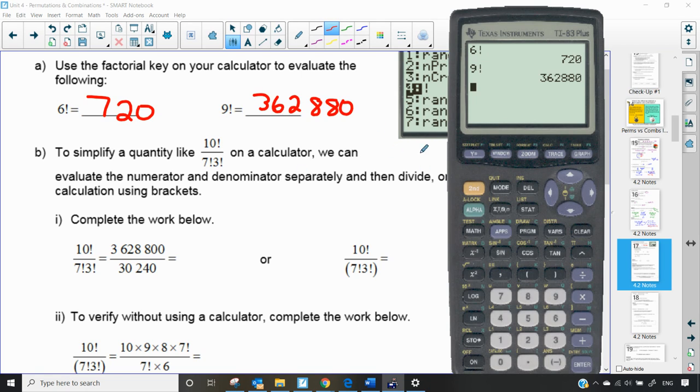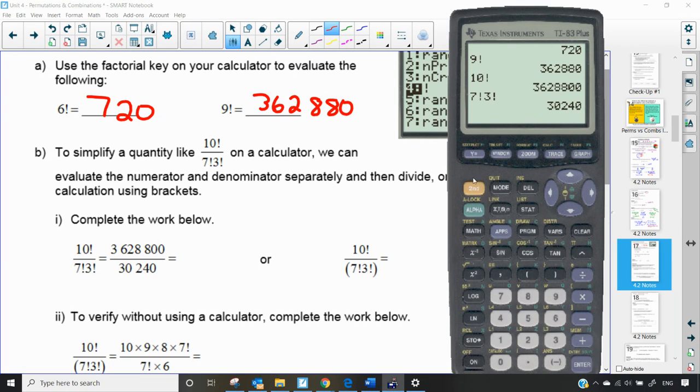I can calculate each individually, so I can figure out what 10 factorial is, and then figure out what 7 factorial 3 factorial is, and divide the two. So 3,628,800 divided by 30,240.